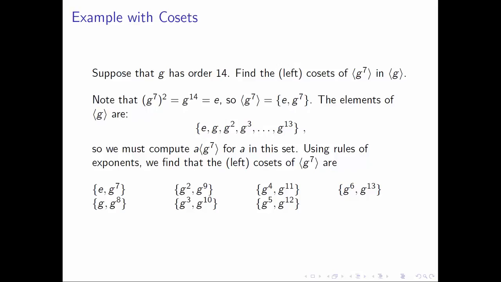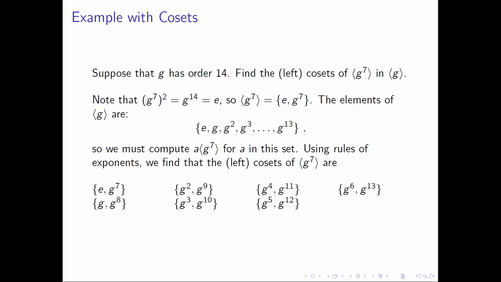By the time we would move on to g to the 7th, as it appears in the group generated by g, we would cycle back around and hit g to the 7th times g to the 7th, which is g to the 14th. Remembering that g to the 14th is just the identity, we would cycle back around to this coset right here, and in fact so on and so forth. After we get past g to the 7th, we will have g to the 8th, g to the 9th, g to the 10th.